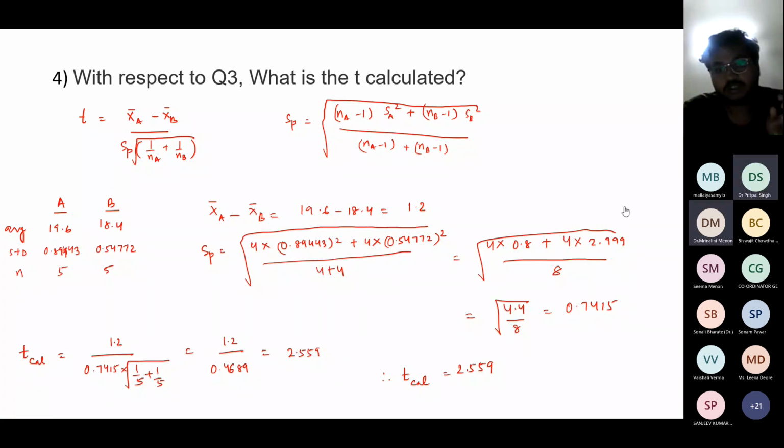In that case, we are subtracting the data point from the mean of the treatment. So for A, we'll subtract each data point from the mean of A. For B, we'll subtract each data point from the mean of B, square all those values and take the sum. So that is the sum of squares of errors.